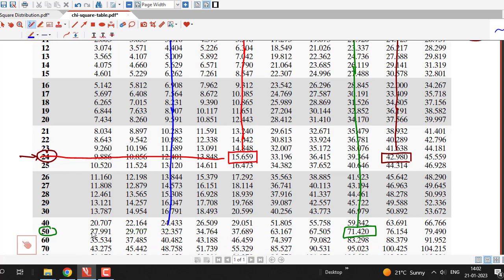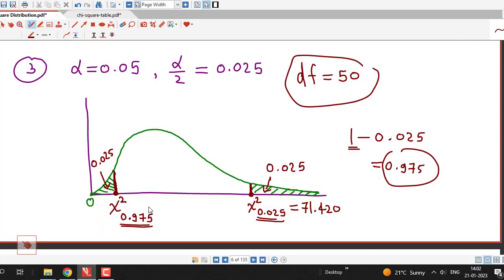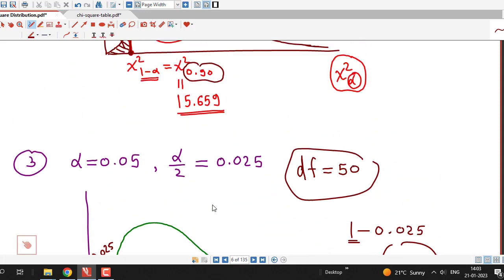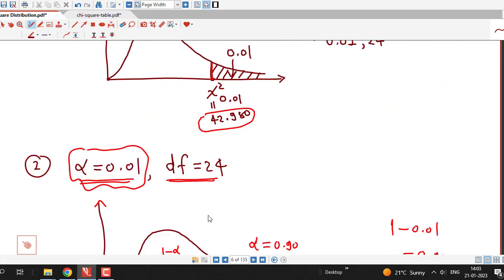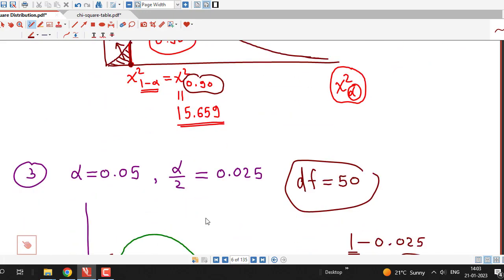So this is corresponding to 50 degrees of freedom, and the value is 32.357. So this is nothing but 32.357.